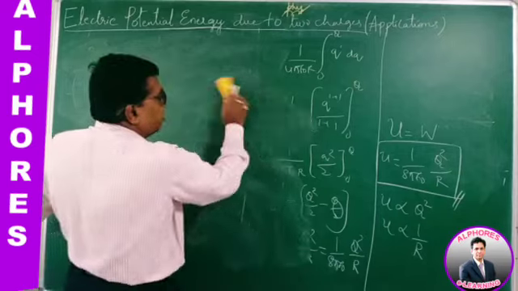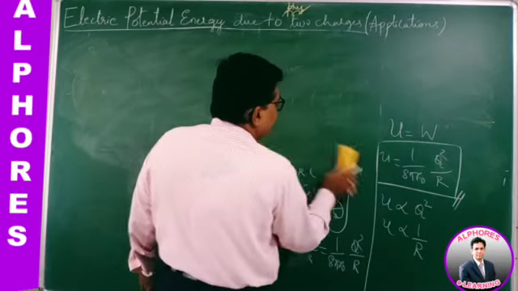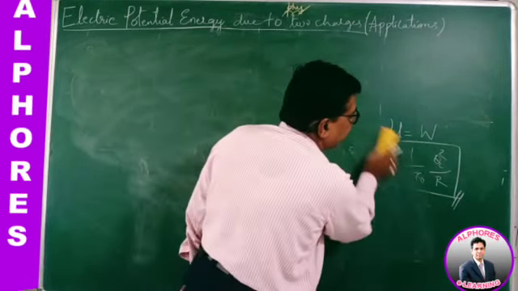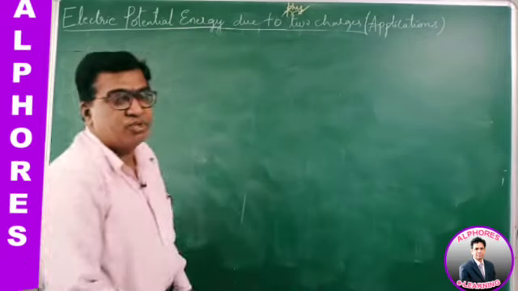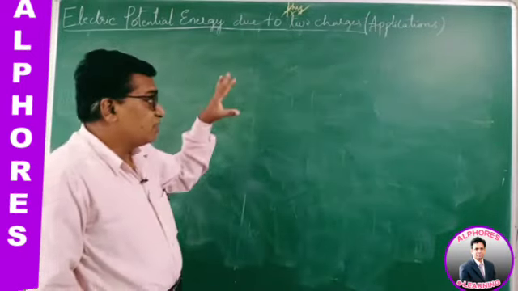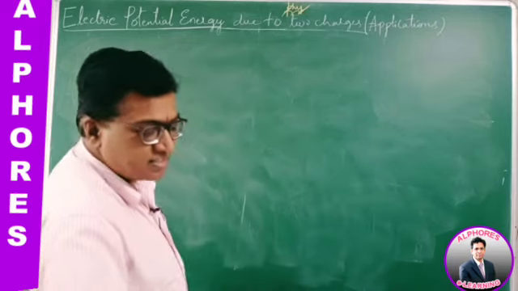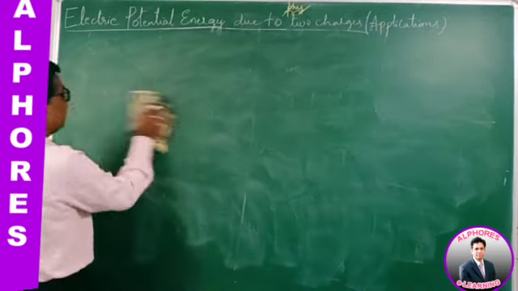First we have found the potential energy of an element, a point charge in the electric field. Then potential energy due to a system of charges. Now self potential energy of a charged sphere.